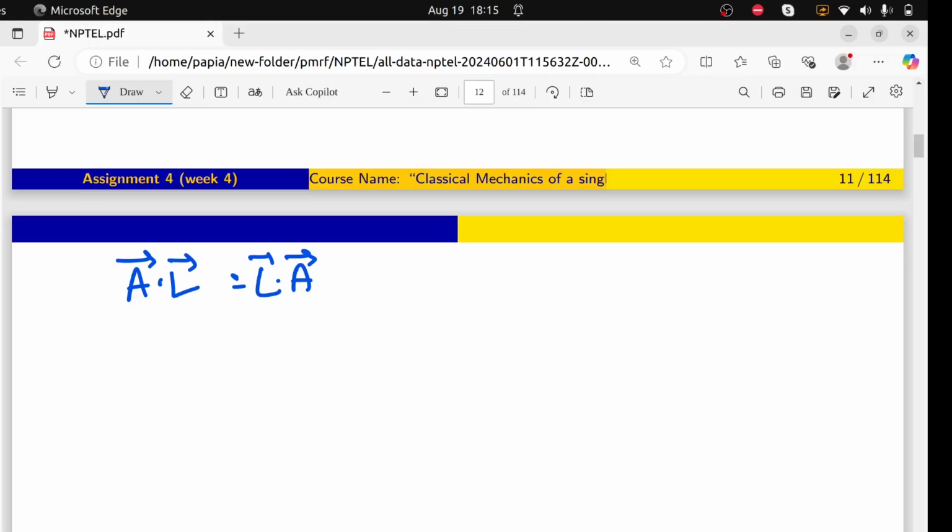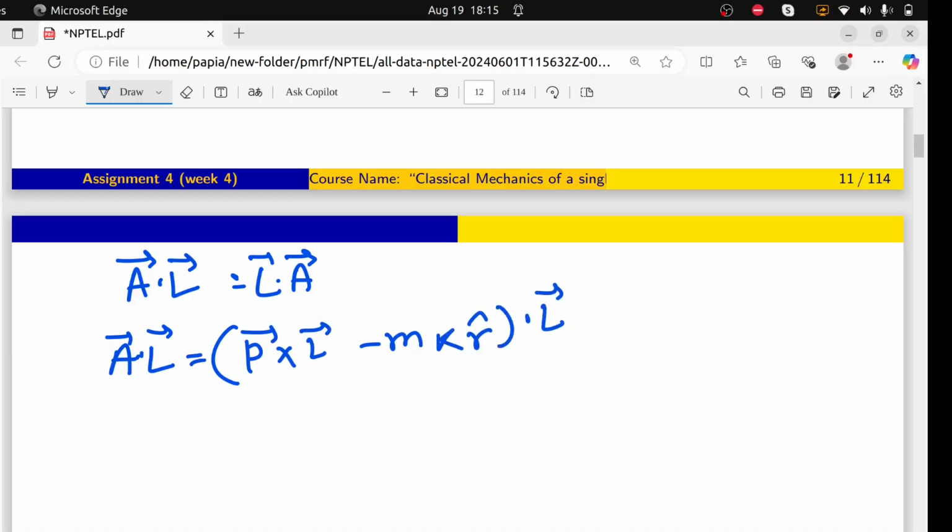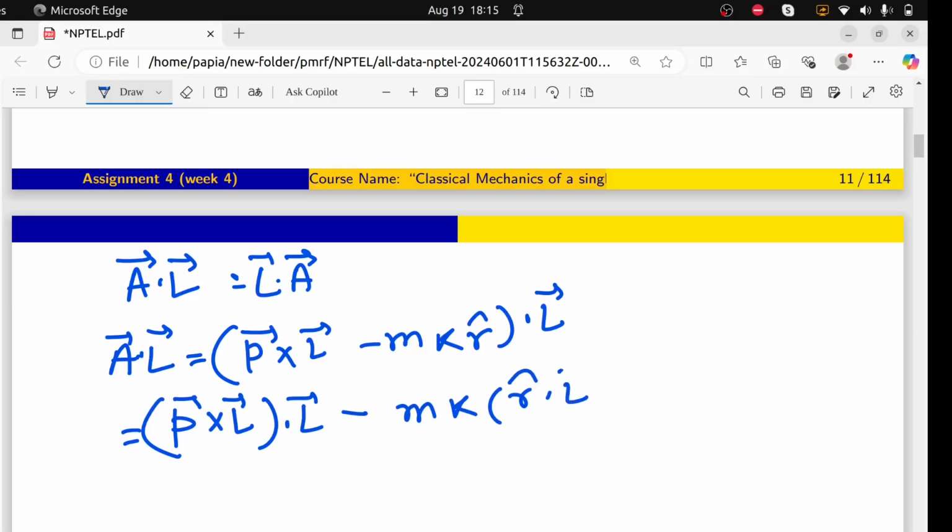So what is the expression for that? A dot L. This is simply vector calculation, vector algebra. So we will quickly write the A vector as P cross L minus M K R cap dot L vector. So first we will do this one, minus M K R vector dot L vector.